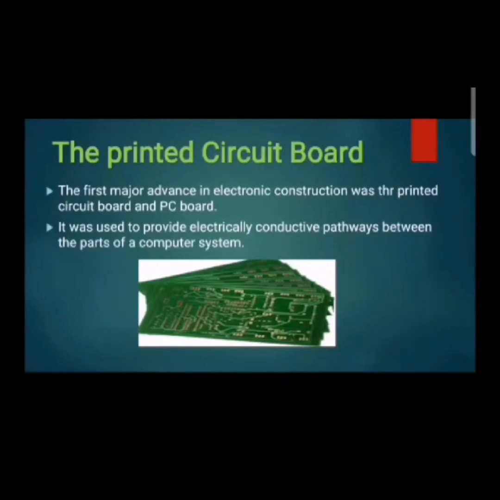And why was it used? My dear students, it was used to provide electrically conductive pathways between the parts of a computer system. In this method of construction, all the components are attached to a thin bakelite or fiberglass board. So this was the printed circuit board.